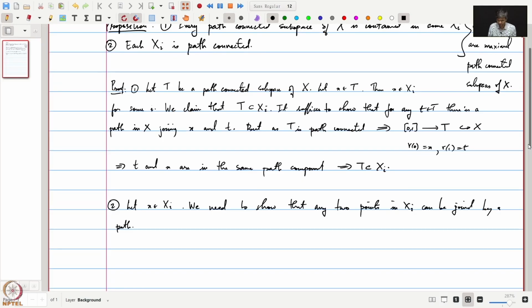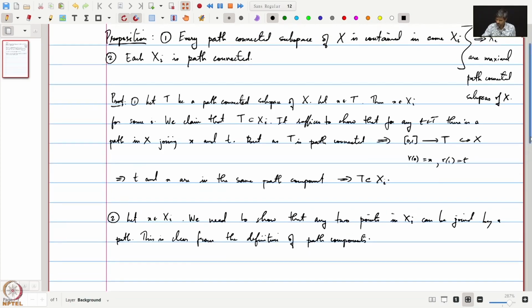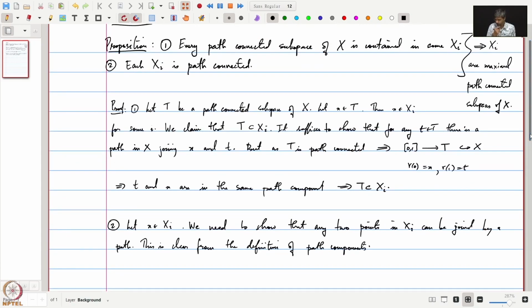So this is clear, since if x and y are any 2 points in Xi, then this is clear from the definition of path components. So both these together prove that each Xi is a maximal path connected subspace of X.